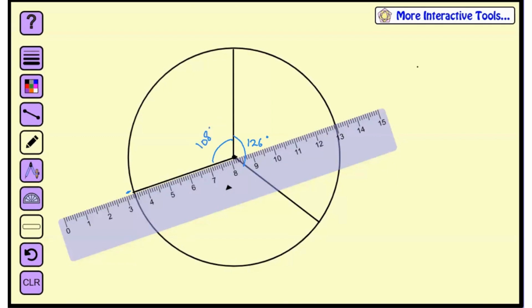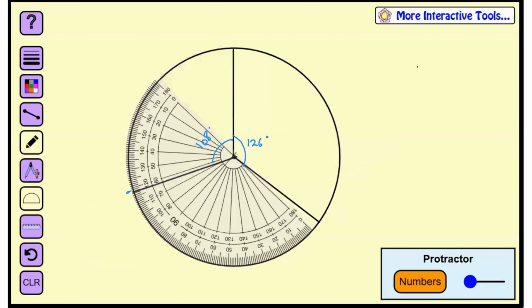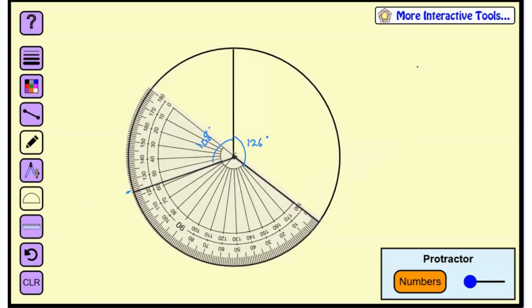Now we need to draw the 72 and 54. 72 is going to be over here.